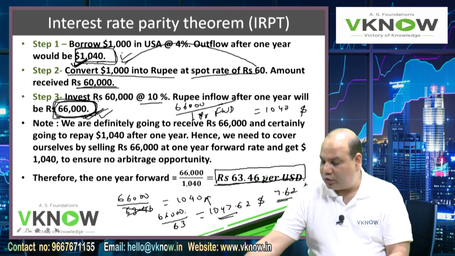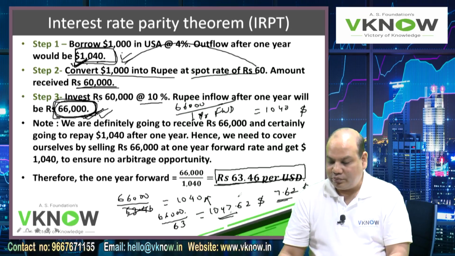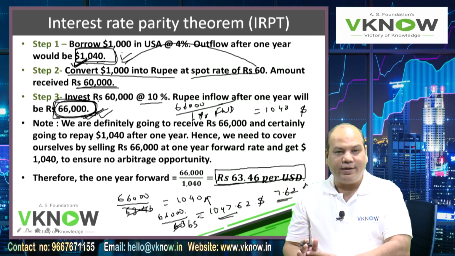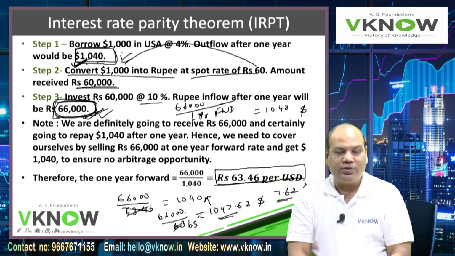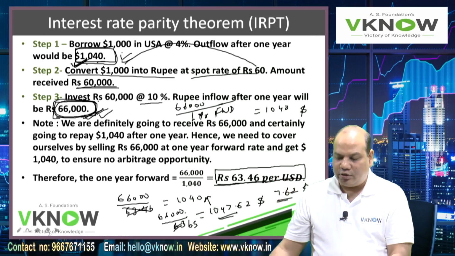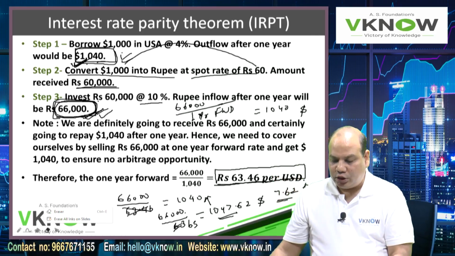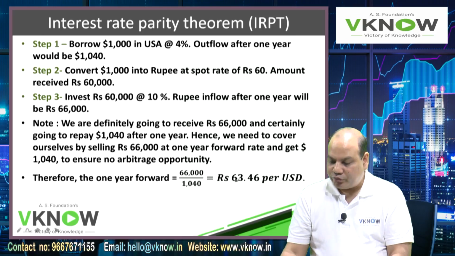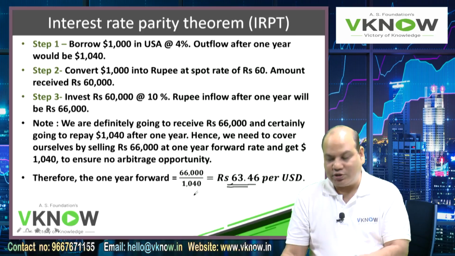And if the 1 year forward rate is more than this, suppose 65, reverse arbitrage will arise. You will borrow in India and invest in USA. So if the forward rate quoted by the bank is less than this, the arbitrage will arise by borrowing in USA and investing in India.